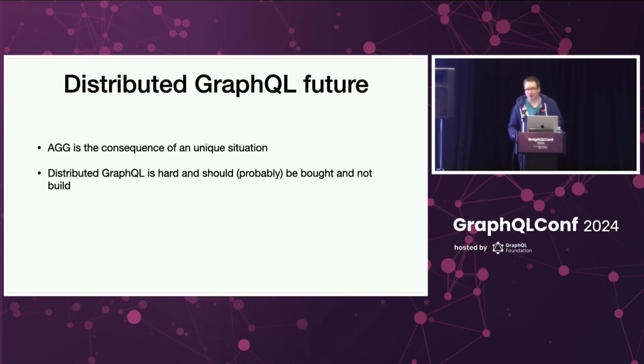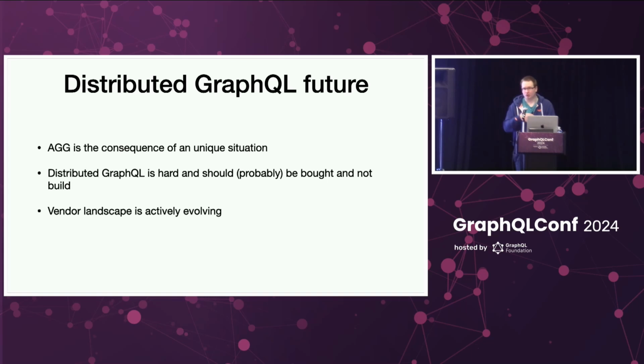I would say, in general, distributed GraphQL is hard. You probably should not try to build something like this on your own. You should look into buying it. That's my general approach. And I'm not alone. We see a vendor landscape actively evolving from Apollo as the earliest, right?